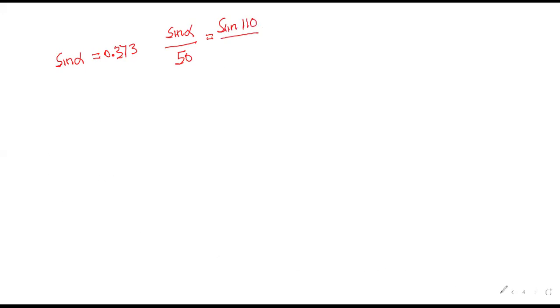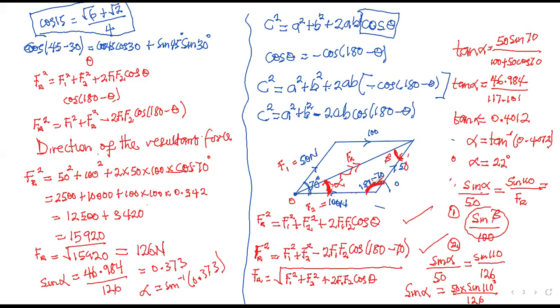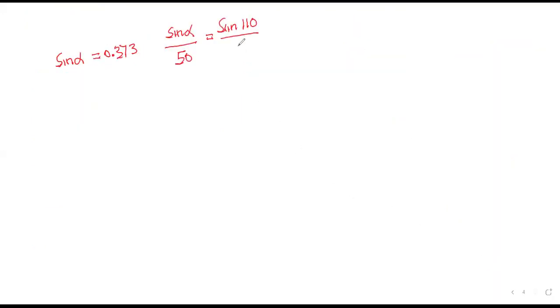Because we had determined the resultant force to be 126. So this is the sine rule. I'll elaborate more on the concept next Tuesday, so don't worry. It's another method of finding the direction of the resultant using the sine rule.